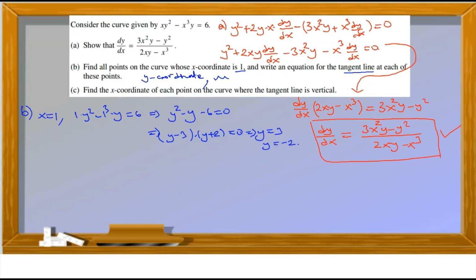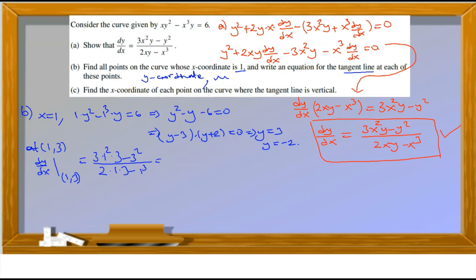Now is the time to figure out the slope. We need the slope at the point (1, 3). We go back to our solution for dy over dx and substitute 1 and 3 for x and y. So 3 times 1 squared times 3 minus 3 squared, divided by 2 times 1 times 3 minus 1 cubed.